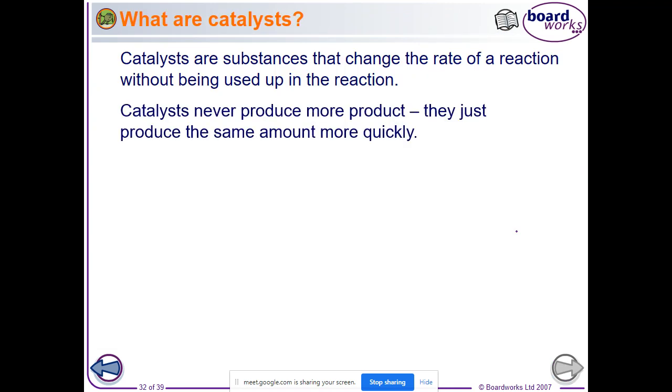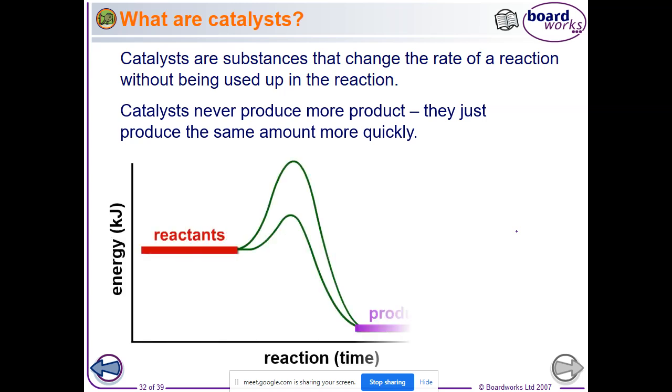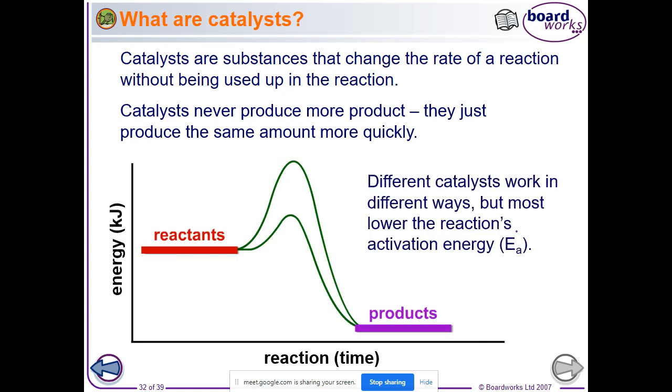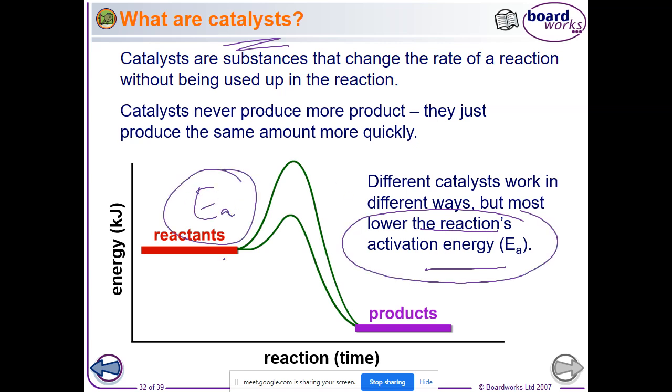What are catalysts? Substances that change the rate of the reaction without being used up in the reaction. Okay, so EA is the activation energy. And what is the role of a catalyst? They are going to lower the reaction's activation energy, which is represented by EA. Clear?